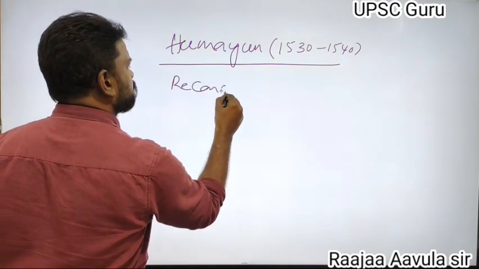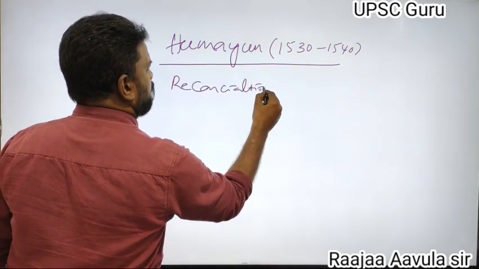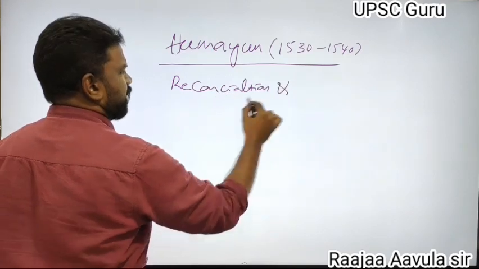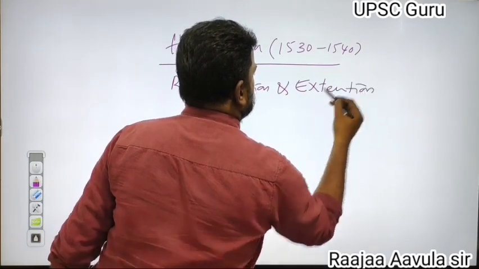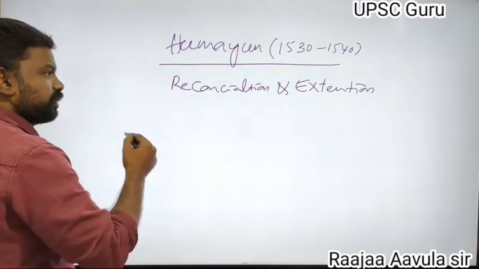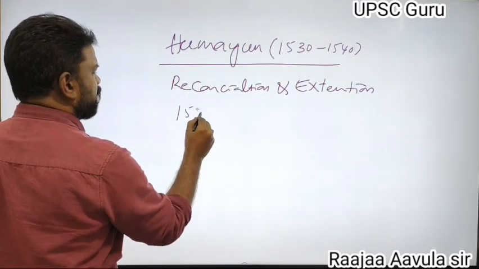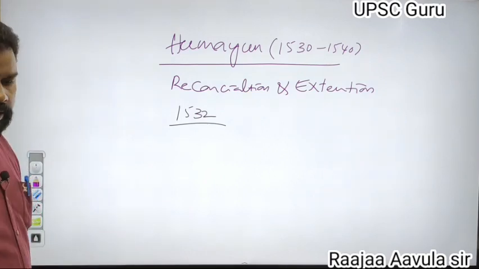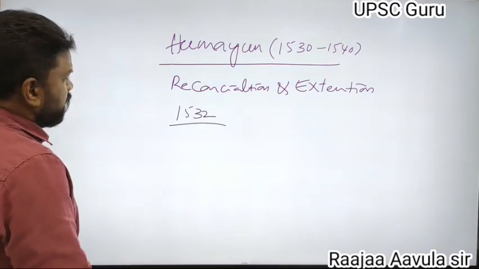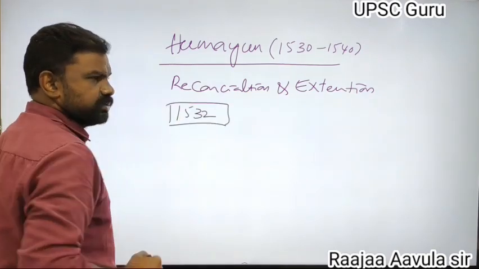In this regard, Humayun fought with different rulers. In 1532 he occupied Gujarat. He waged war with different rulers.